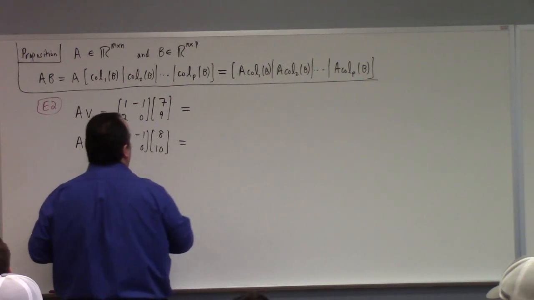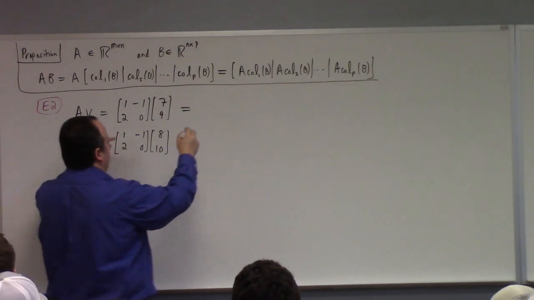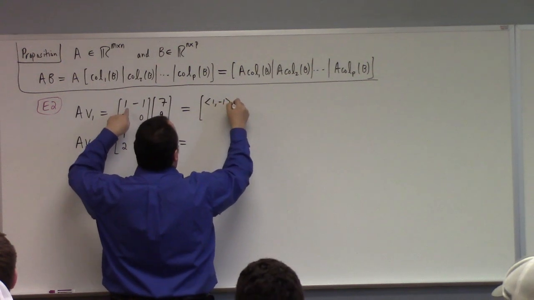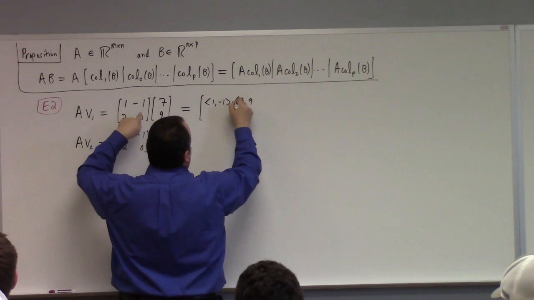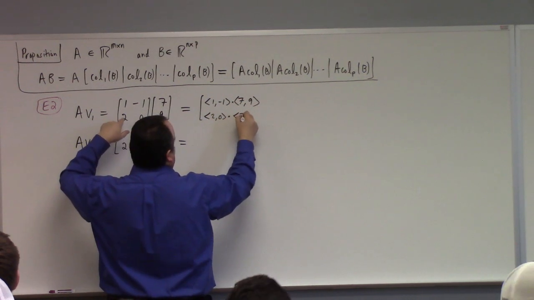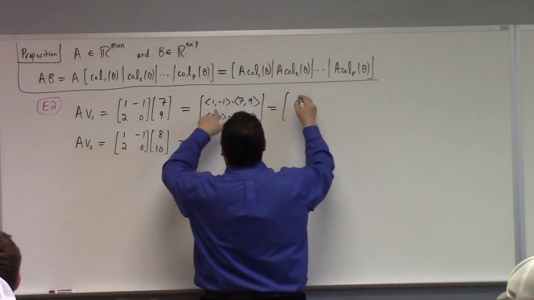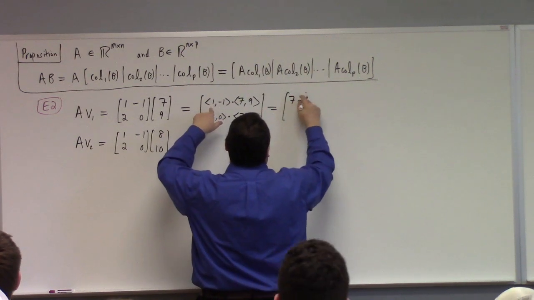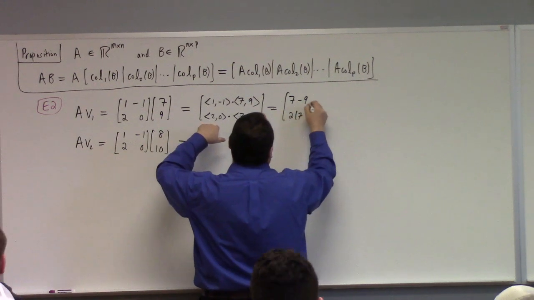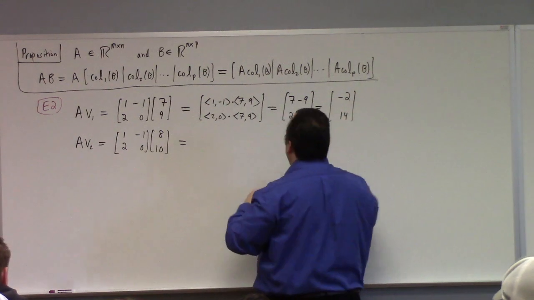How do we multiply a matrix times a column? Essentially you just do (1, -1) dotted with (7, 9), and then (2, 0) dotted with (7, 9). It's the same rule we just had. So we get 7 minus 9, and 2 times 7, so we get -2 and 14 for that.